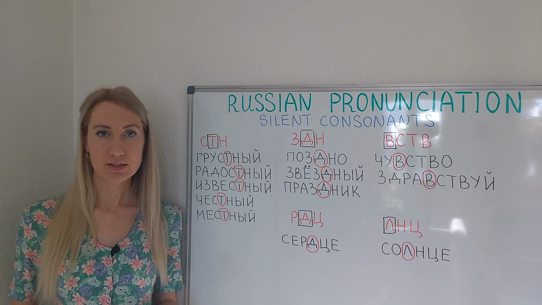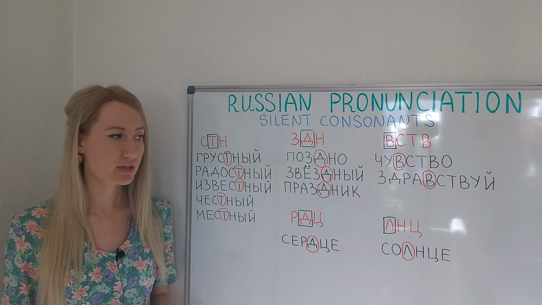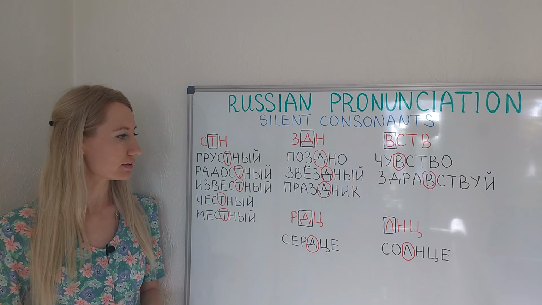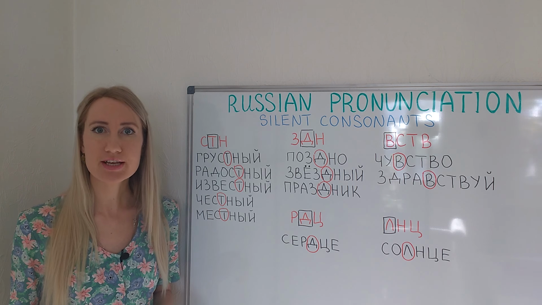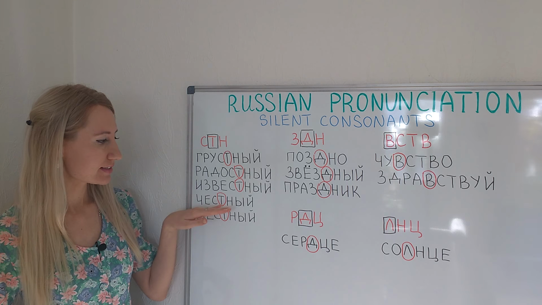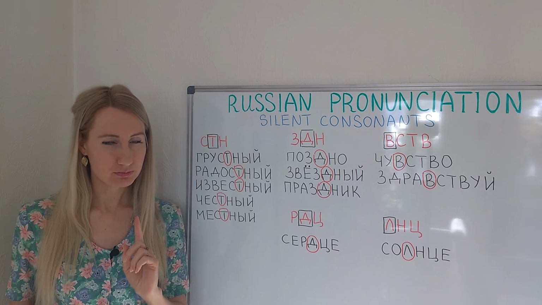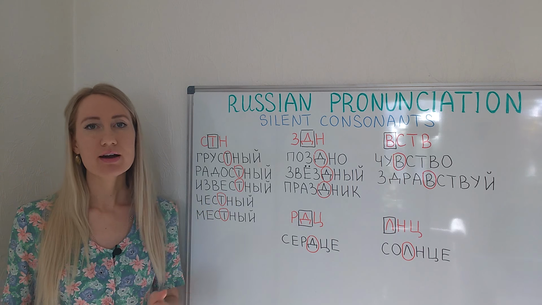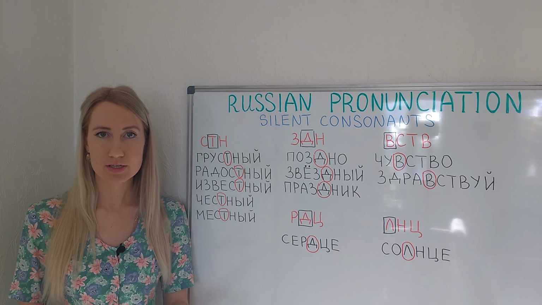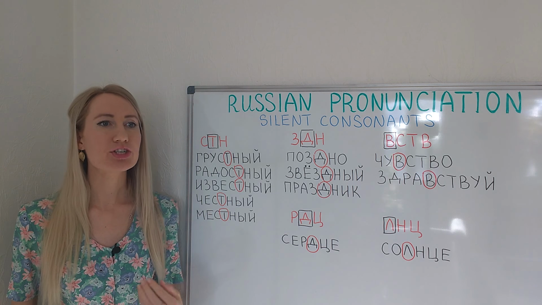Известный, famous. I don't pronounce the T. Честный, honest. Again, the T is silent, because the word честный comes from the word честь, honor. So we can check ourselves.